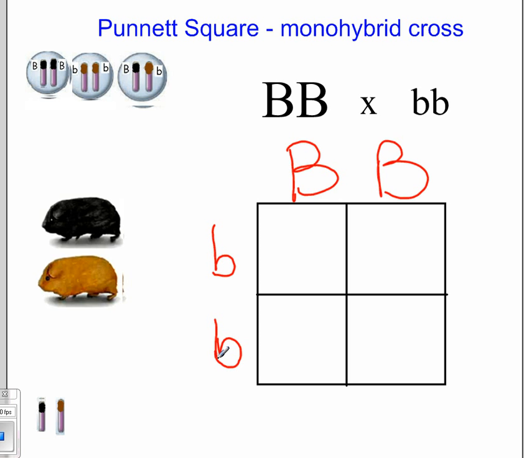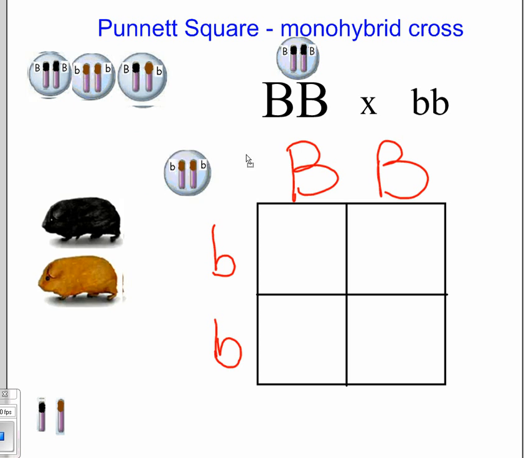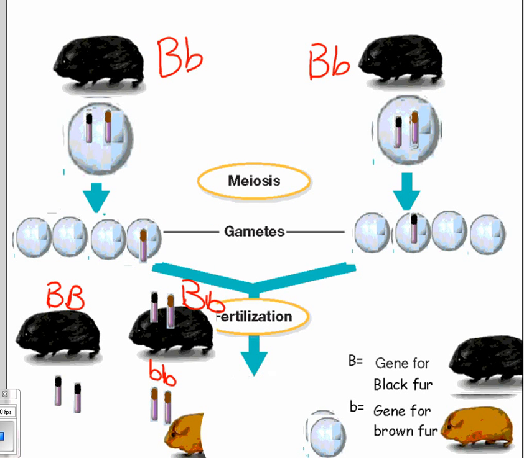Now, I want to show you on the first one or two what is going on here. So we have our homozygous dominant and our homozygous recessive. We're going to separate out just like we did back here. This is basically making Punnett squares, just seeing what we might end up with.